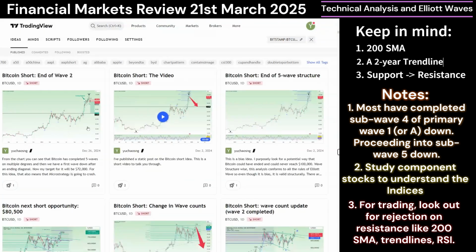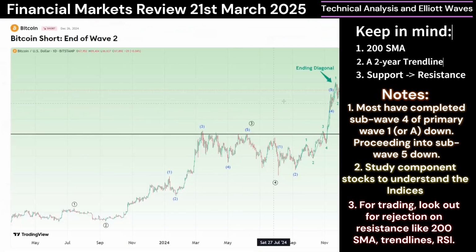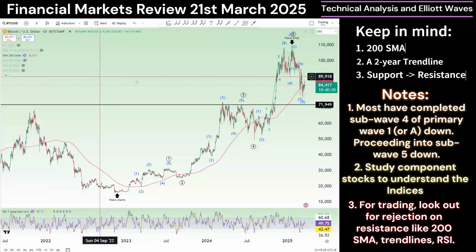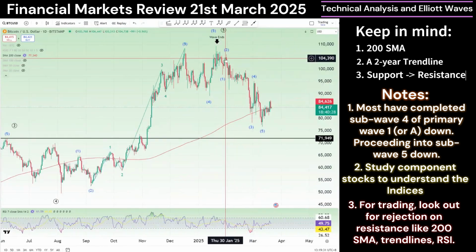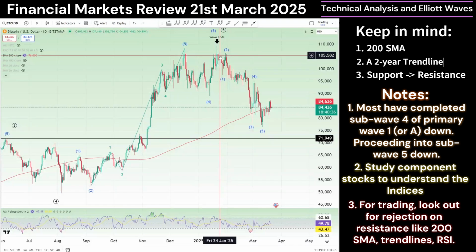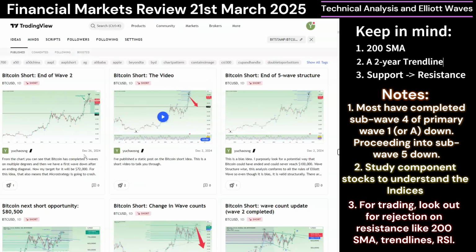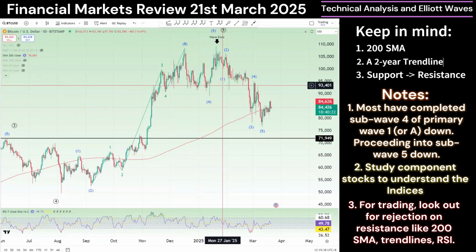Yeah, I do have some Bitcoin. 26th of December. Okay, so on 26th of December, I actually already pointed out the end of the entire wave, right? And I drew wave one and wave two on 26th December.